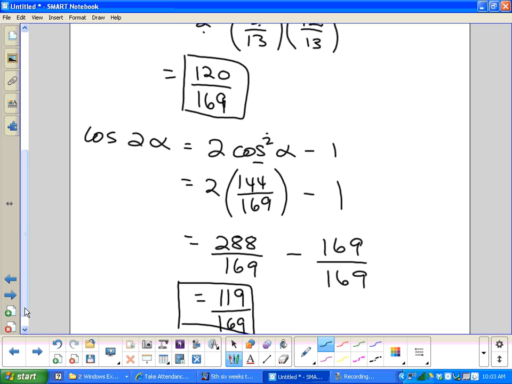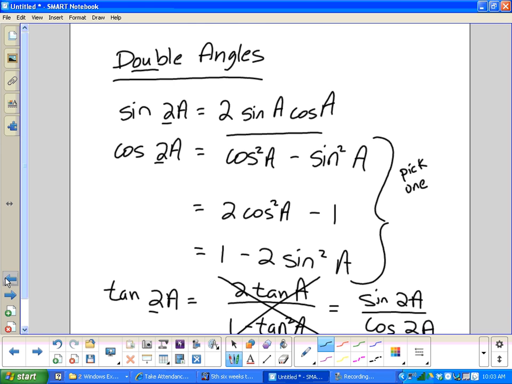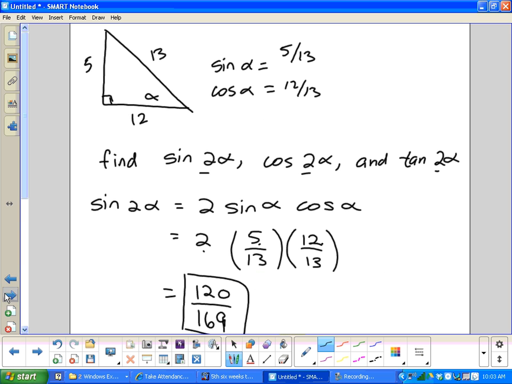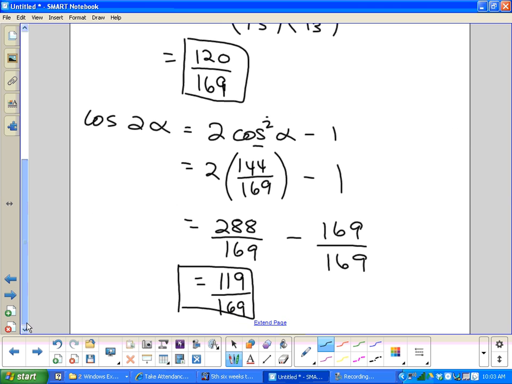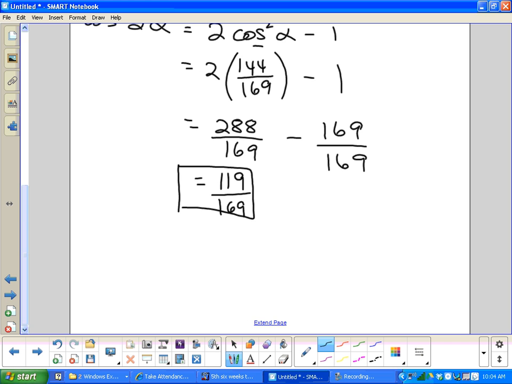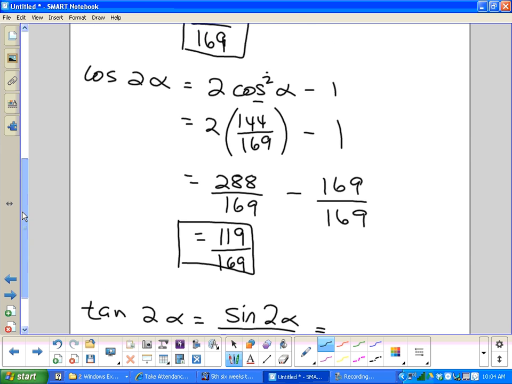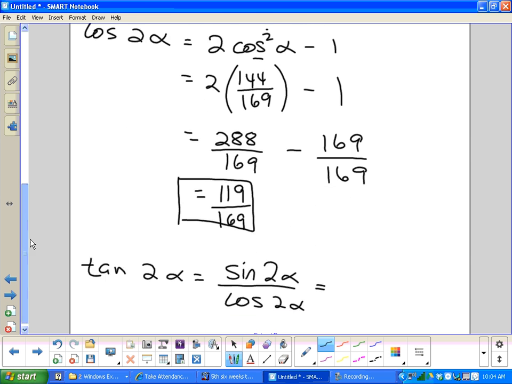Now for tangent, we're going to do the sine of 2 alpha over the cosine of 2 alpha. So let's see, the sine was 120 over 169.